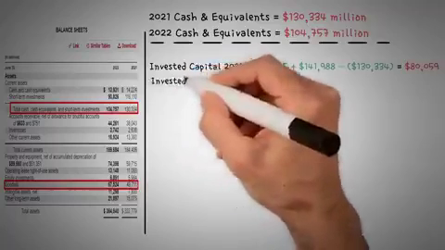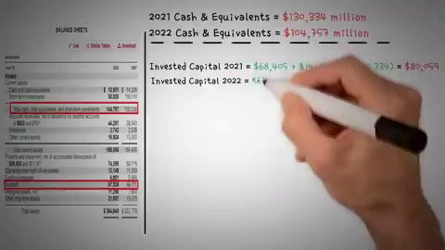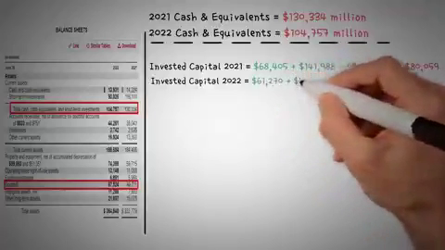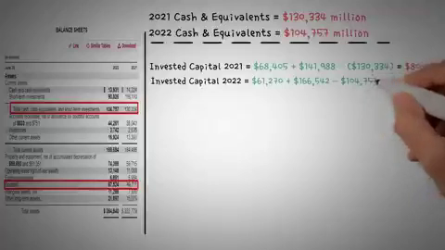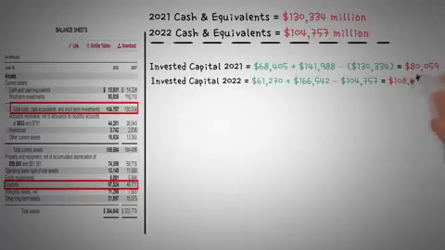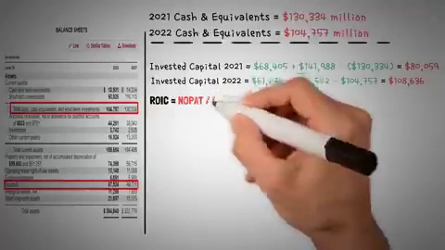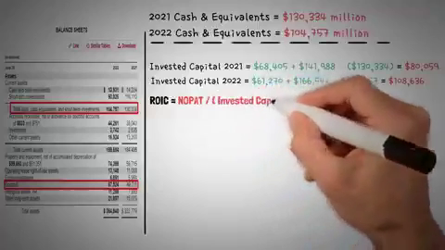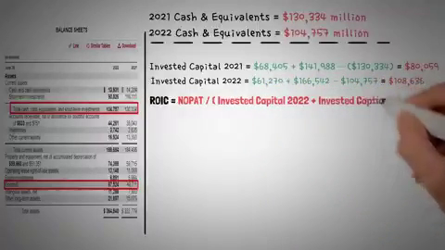Invested capital 2022 equals $61,270,000 plus $166,542,000 minus $104,757,000 equaling $108,636,000. ROIC equals NOPAT divided by invested capital 2022 plus invested capital 2021 divided by 2.